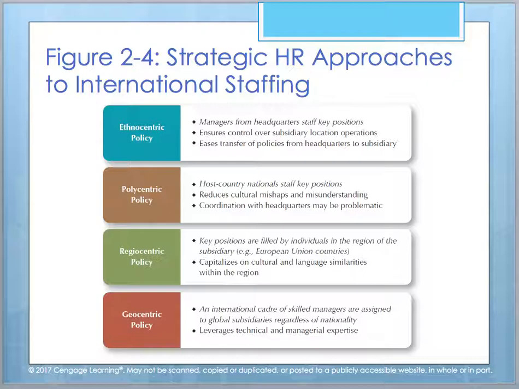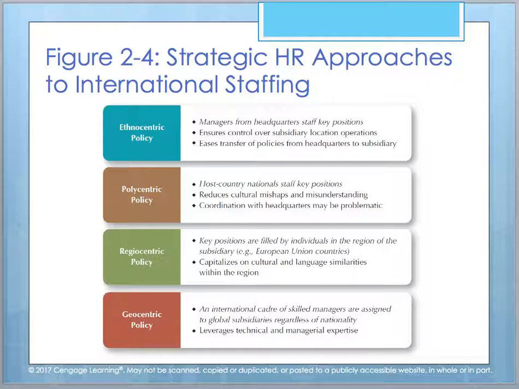When we look at how we staff internationally, there's an ethnocentric policy where you're making sure that managers from headquarters, let's say Atlanta, Georgia, here in the United States, staff the key positions outside of that.